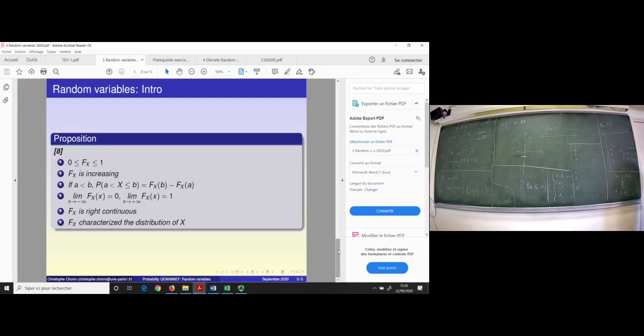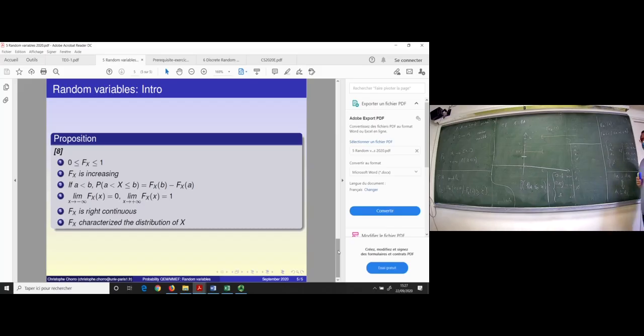Typically, even if it's not that complicated, I want to do the proof of 4, 5, and 6. And 4, 5, and 6 are in fact a consequence of a result we have seen in the first course. We have seen together that when I have an increasing sequence of sets, the probability of the union is equal to the limit of the probabilities.